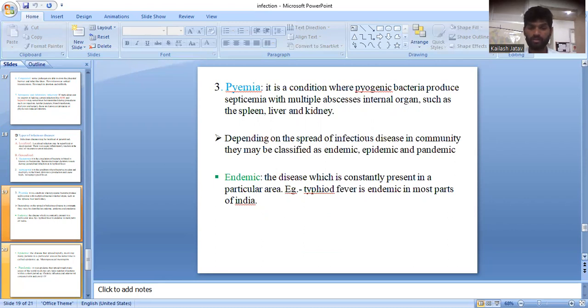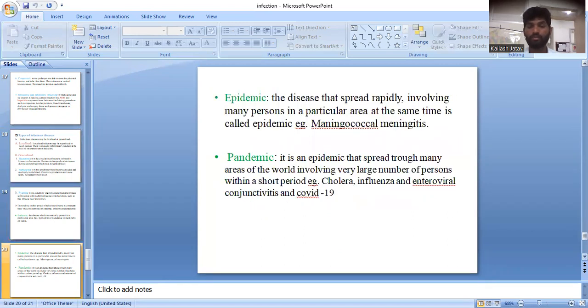Depending on the spread of infectious disease in the community, they may be classified as endemic, epidemic, and pandemic. Endemic: the disease which is constantly present in a particular area. Example, typhoid fever is endemic in most parts of India. Epidemic: the disease that spreads rapidly involving many persons in a particular area at the same time.